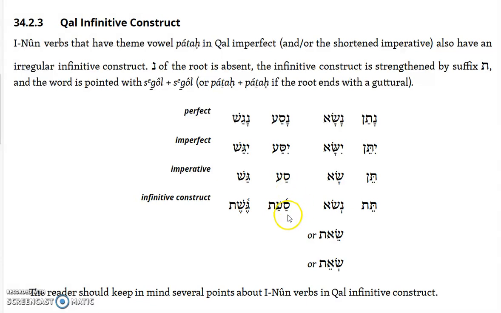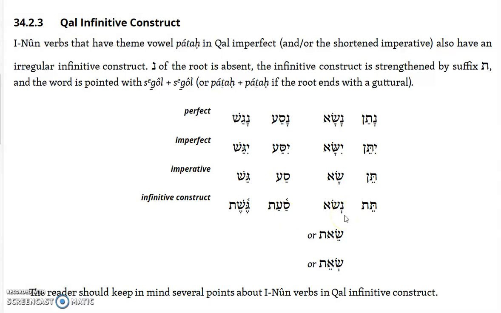You add a tav, treat what's left as a segolate, and because you have the first nun, which is a guttural, gutturals like a rather than e, unless you're an aleph, and so it ends up being a segolate pattern with a patach rather than a segol. And so you get sa'at as your form.